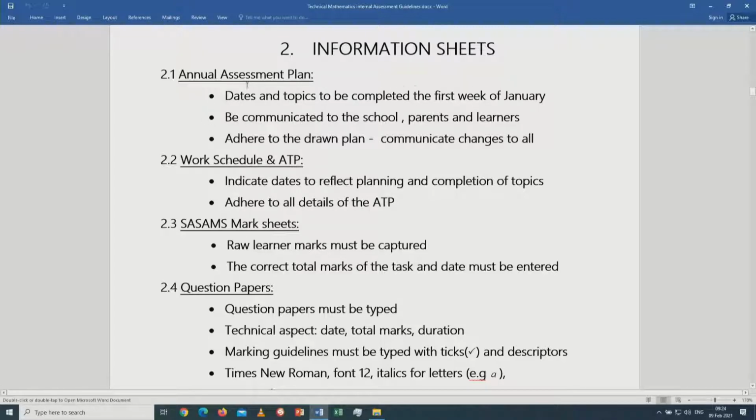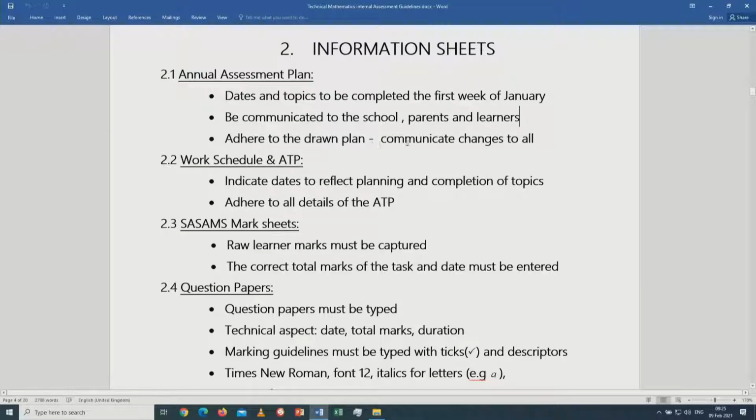Assessment plan is not done in March, it's done in January, to say this is how we plan to assess our learners throughout the year, and be communicated to the school, the parents, as well as learners. Please make sure that this is ready and parents and learners have it.